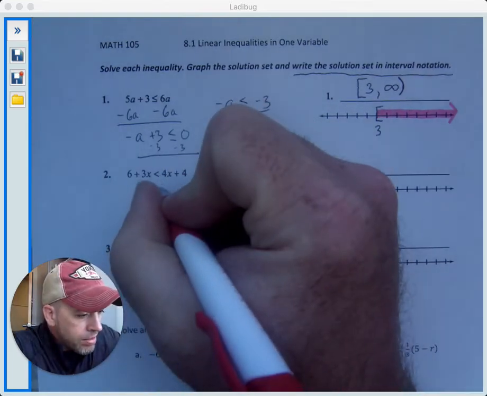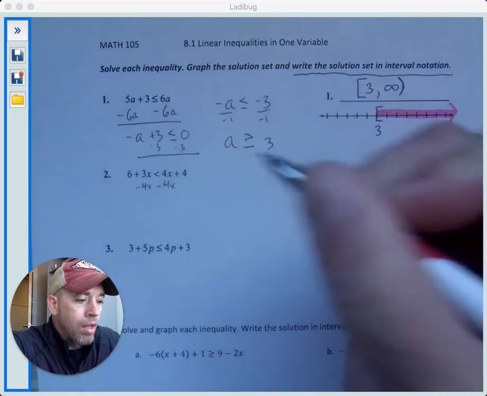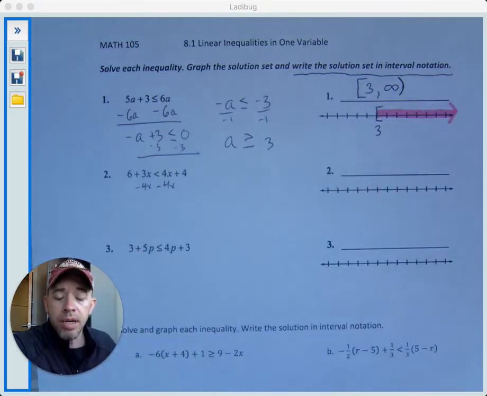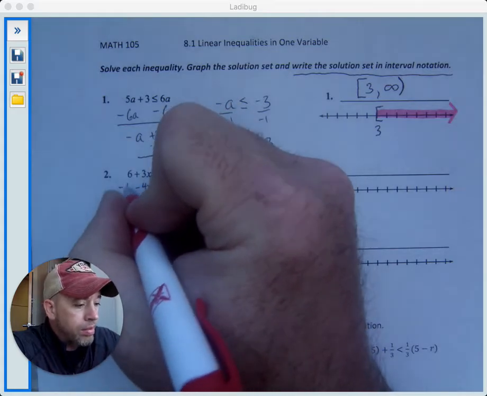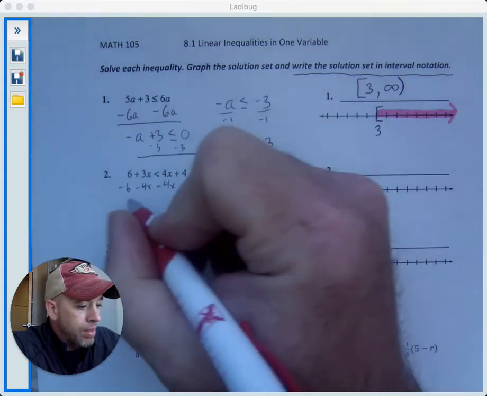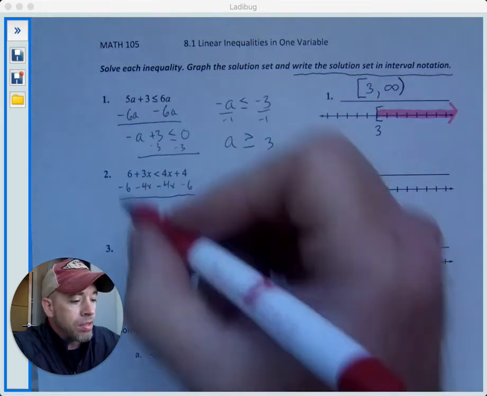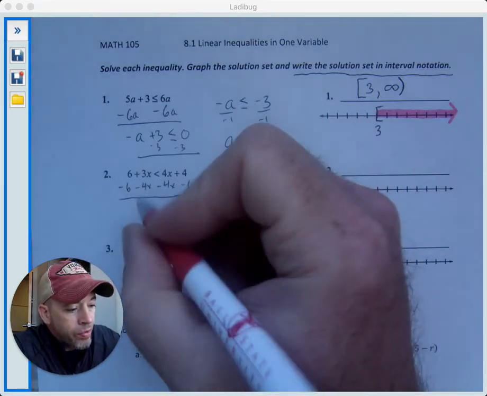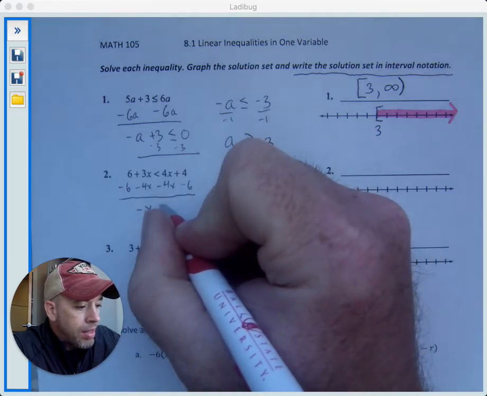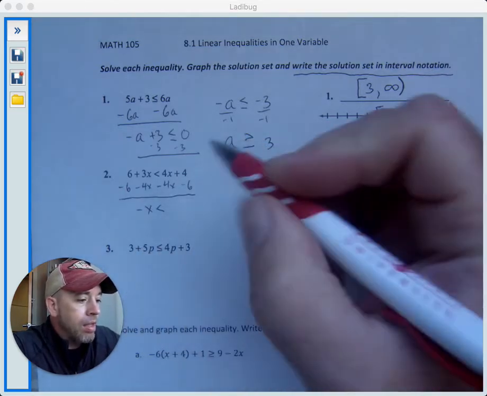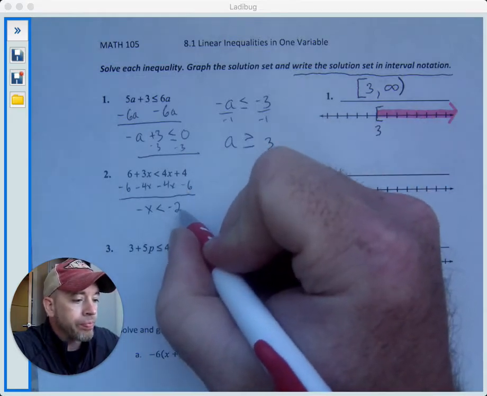So I'm going to subtract the 4x, and since I want to get all the numbers on the other side, I'm going to subtract the 6 as well in the same step, so I'm doing 2 steps in one here. So the 6's go away on this side. 3x minus 4x is a negative x. I have a less than, and we have a 4 minus 6, which is a negative 2.